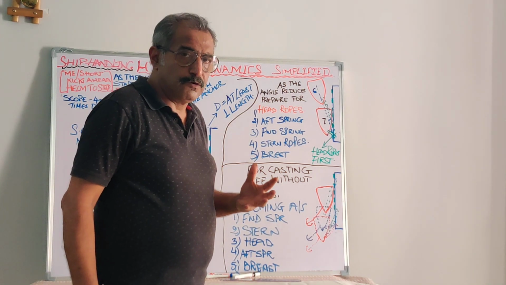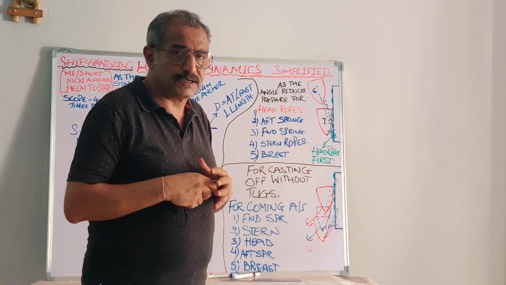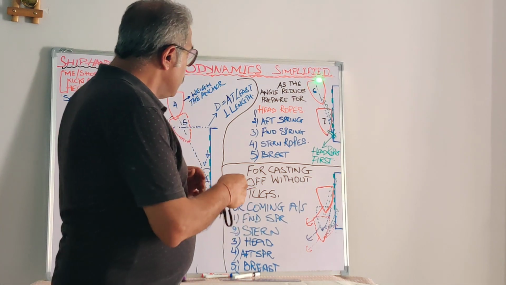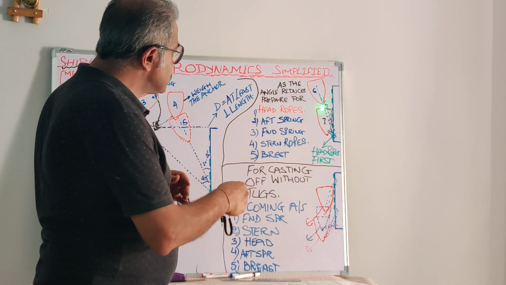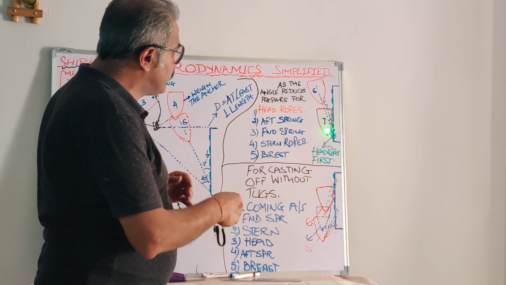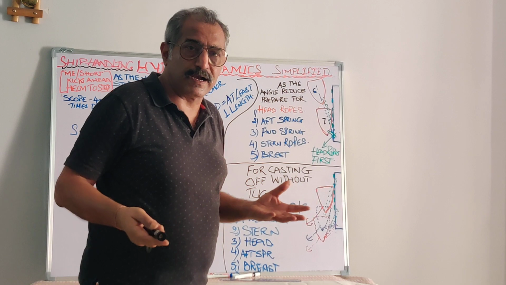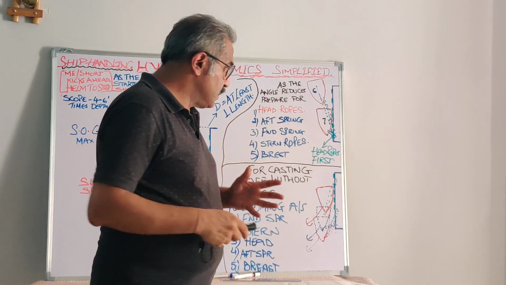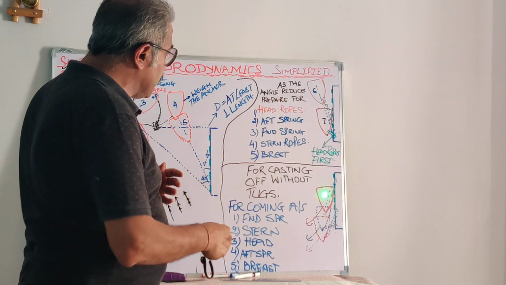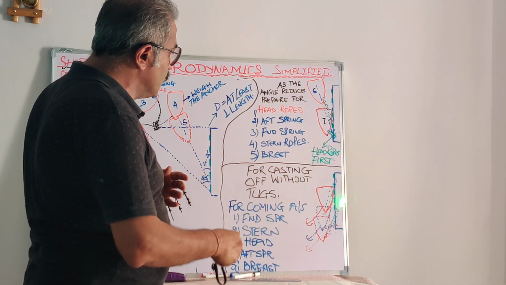Again, to repeat, to ensure that we've understood this correctly, this is a case scenario in which the vessel is coming to port side for departure. She perhaps may require a tug and the tug will be available. But when you're departing, in case the tug is not available, then we will have to use this maneuver.